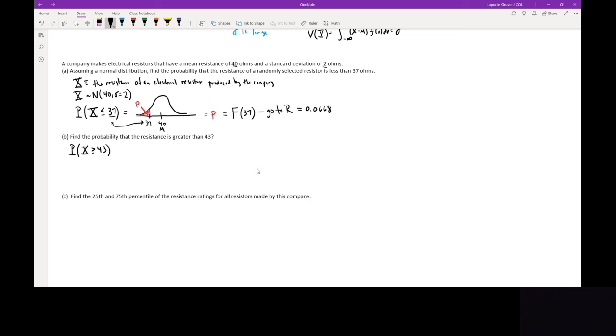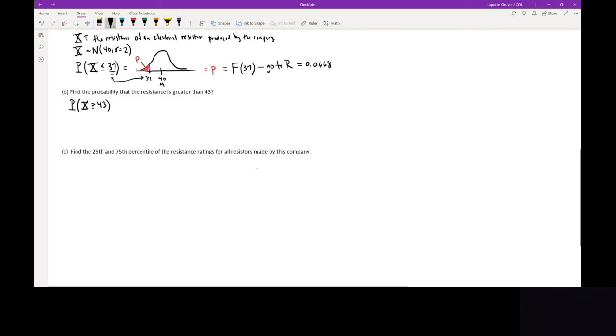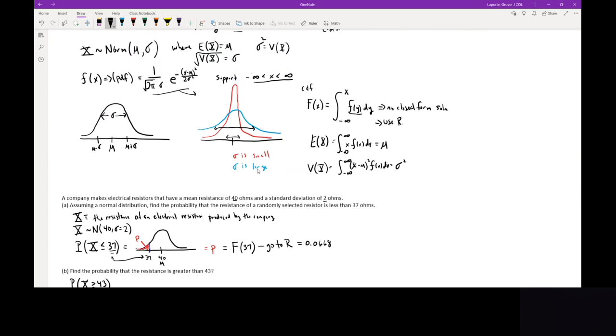Now, the normal distribution is symmetric, meaning the amount of probability on the left is equal to the amount of probability on the right. There's 50 on each side. So the mean is also equal to the median.